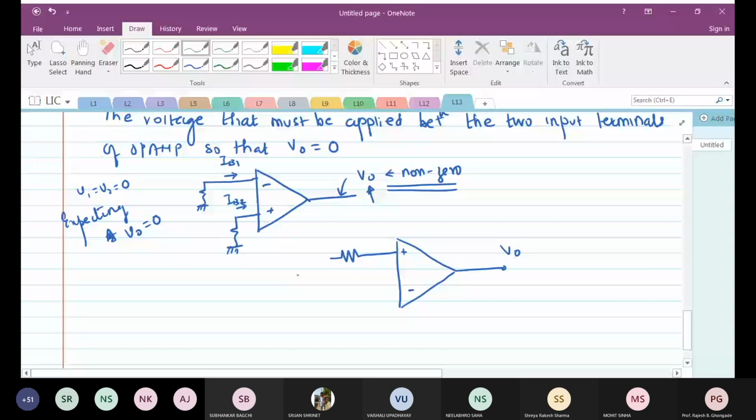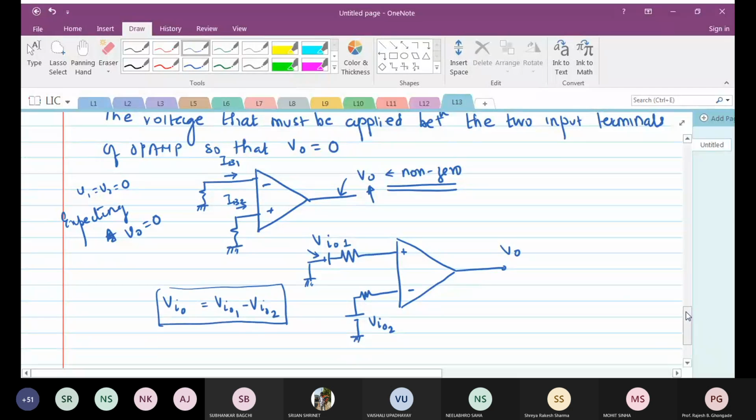Now if I apply something over here, I'll call this VIO1, this voltage, and this voltage I'm going to call VIO2, and the net voltage VIO is VIO1 minus VIO2. This VIO is nothing but the input offset voltage.